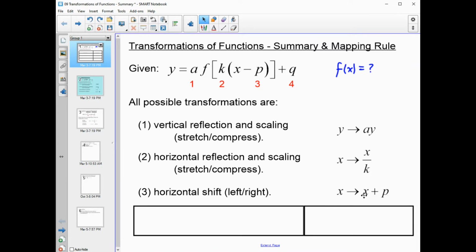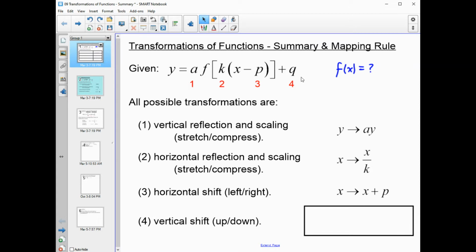So my x-coordinate, because it is a left-right operation, is going to become x plus p, assuming that it was written in this form, x minus p in the bracket. And then our last transformation, which is represented by the parameter q, is a vertical shift up or down. And that is once again an addition or subtraction where the y-coordinate changes into y plus q.